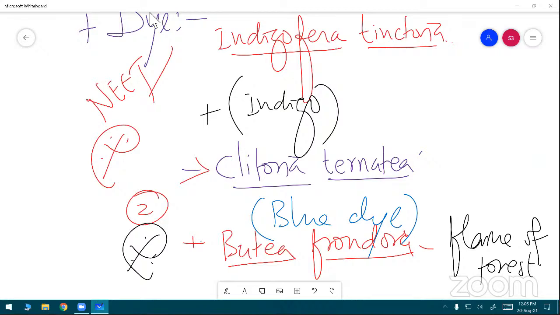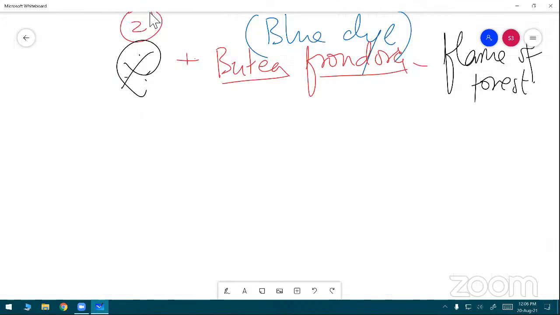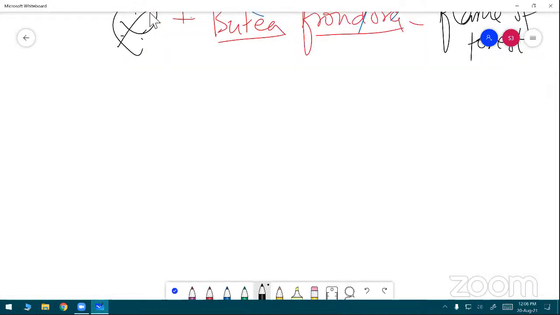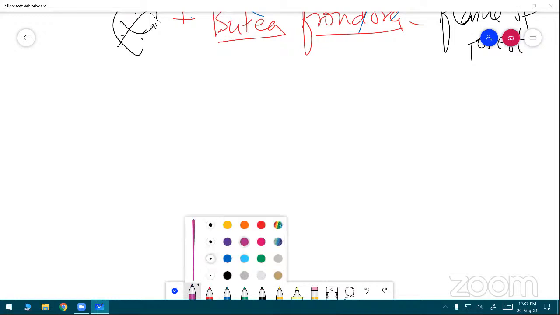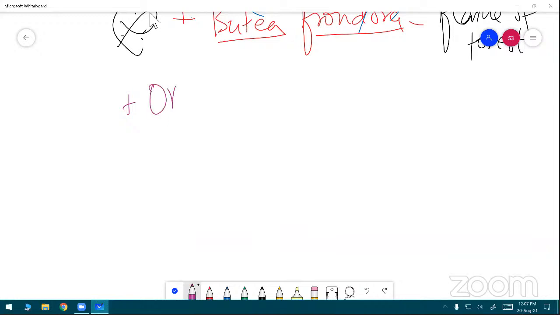Okay, next we pass on to another category, that is ornamental plants. This is the last category of economic importance of Fabaceae.